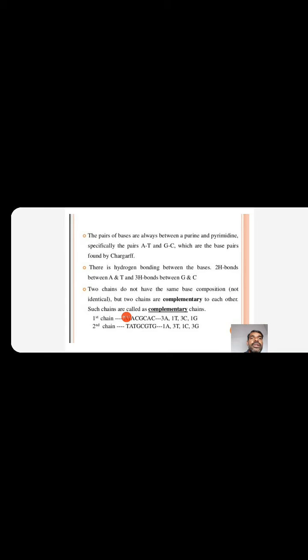For example, the first chain contains adenine, thymine, adenine, cytosine, guanine, cytosine, adenine, and cytosine. Next, three adenines, one thymine, three cytosines, and one guanine.